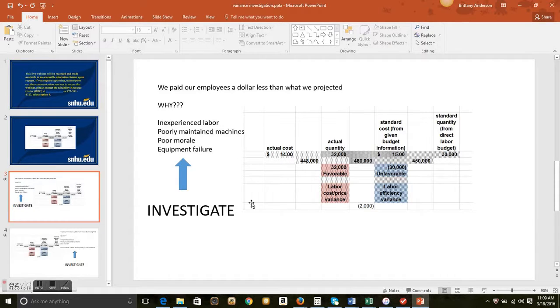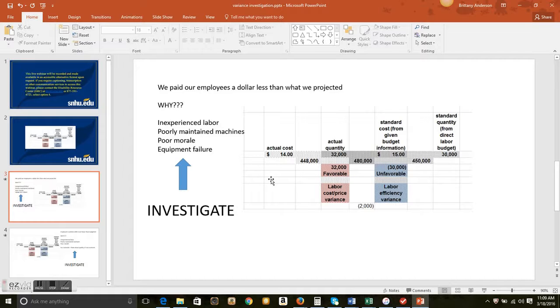And did I pay $14 an hour versus $15 because of the experience level of my employees? And if I don't have qualified employees working for me, what does that do to my end product? Do I have more scrap? Do I have more rework because of inexperienced employees?